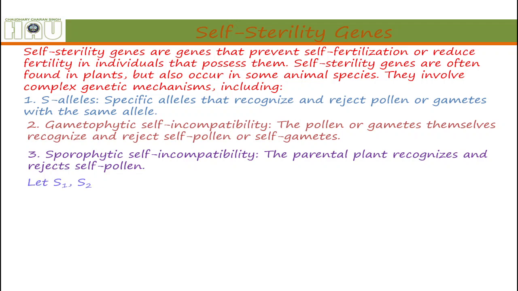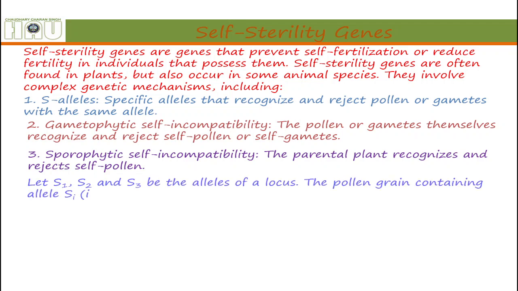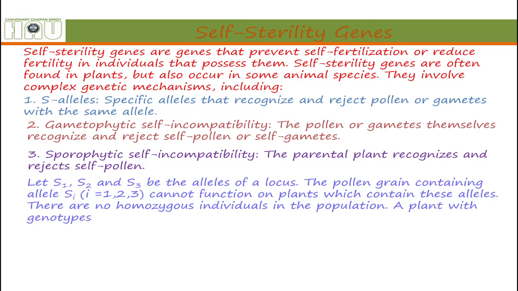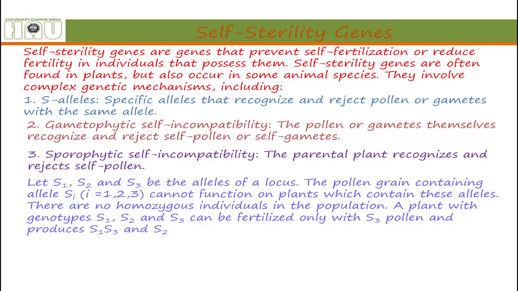So let S1, S2 and S3 be alleles of a locus. Now as I have already mentioned, the pollen grain which contains alleles S1, S2 or S3 cannot function on the plant which contains these alleles. There are no homozygous individuals in the population because they cannot self-fertilize.